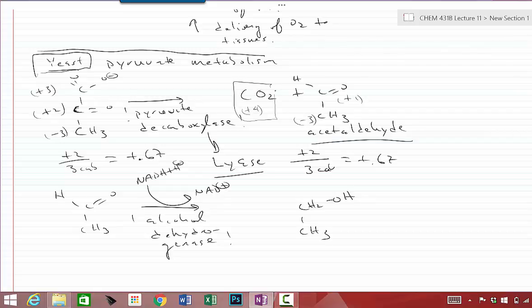Of course, the yeast really needs it for this step right here. So this is the second step that it does, because this is necessary for what metabolic pathway in order to keep on going? What is that NAD plus necessary for in yeast? What catabolic metabolic pathway is it necessary for?